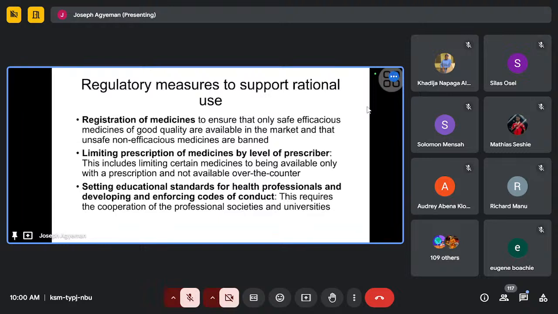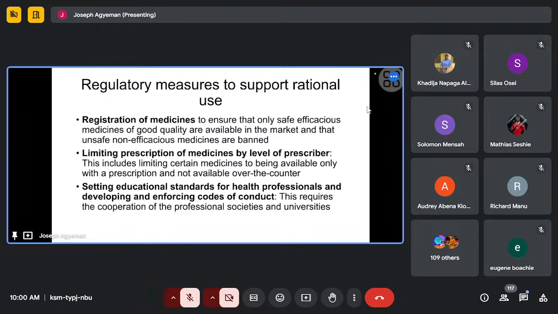So briefly, Class Captain, why do we need to register medicines, and how does this promote rational use of medicines? Registration of medicines, how does it contribute to rational use of medicines? FDA does that. Do you think that is even necessary? And how does it relate to rational use of medicines?